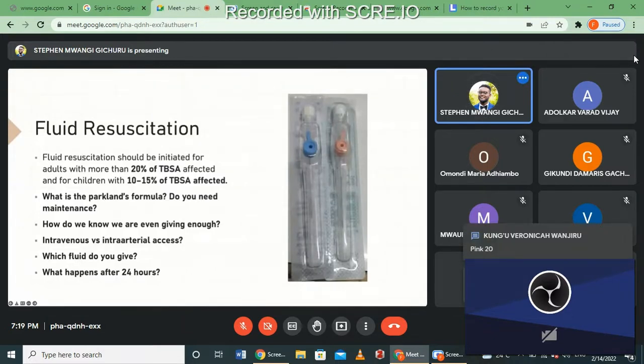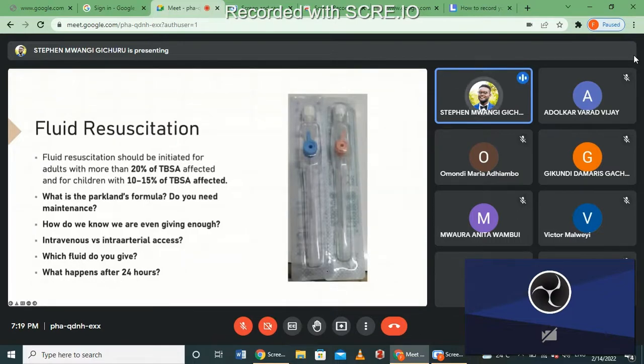Is the pink 20? So what I was trying to impress upon you guys is that the blue one, which you rightly said is 22, is a small bore cannula for pediatrics.